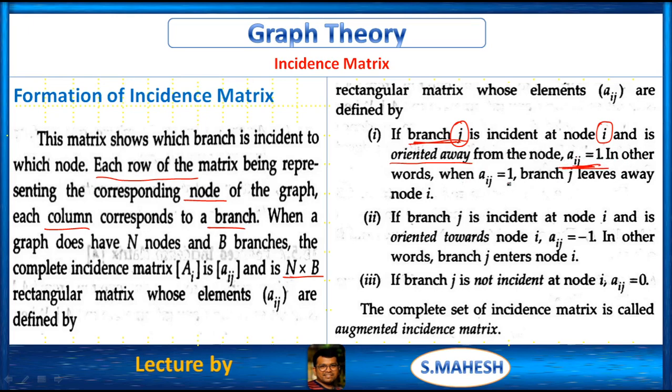In other words, when Aij equals 1, branch j leaves node i.